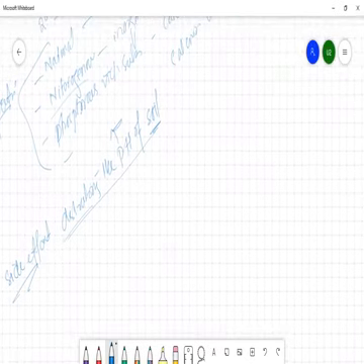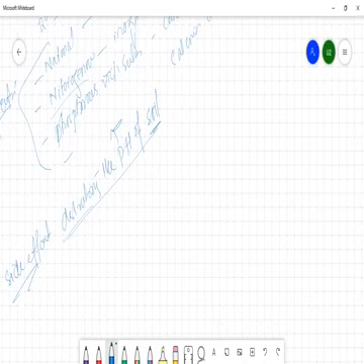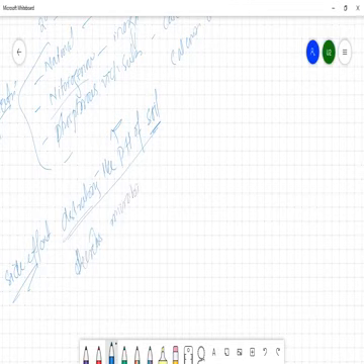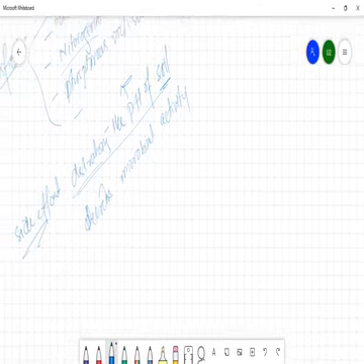Similarly, it decreases microbial activity for long term.